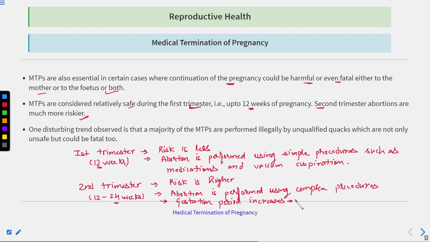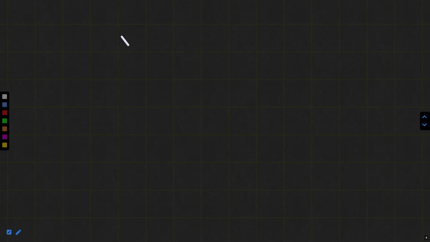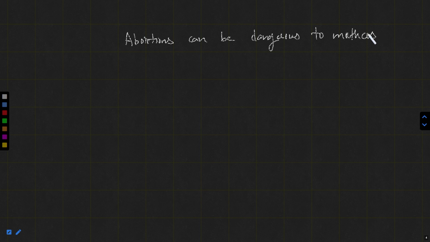So what happens during the abortion? These abortions can be dangerous to mothers also. Why are they dangerous to mothers? Because they can cause infections.